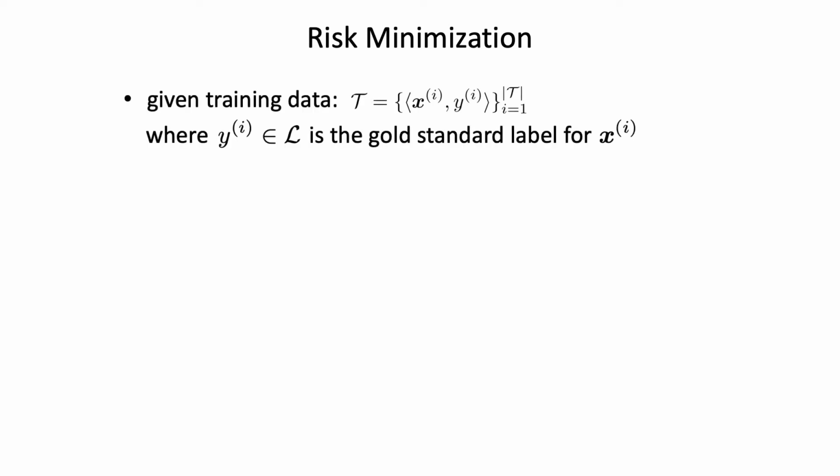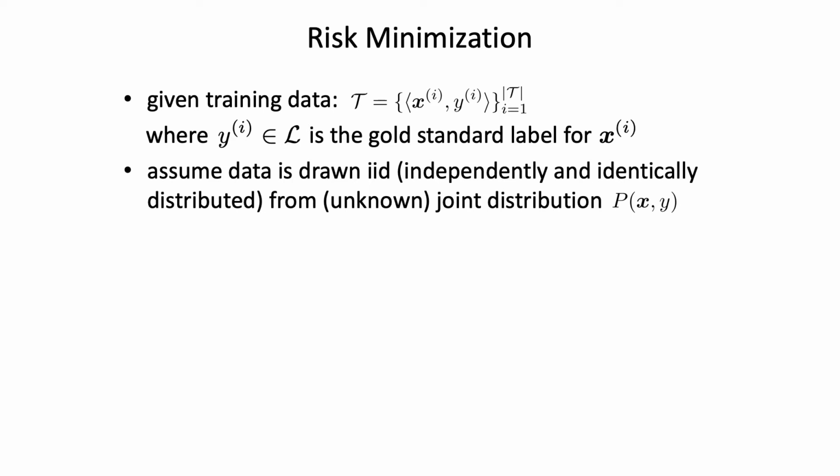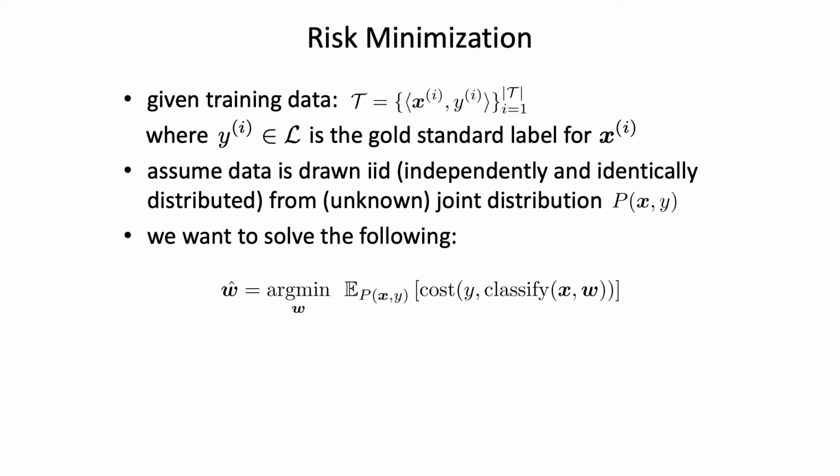Now, given a cost function, we can define risk minimization. Say we're given a training set of xy pairs where yi is the gold standard classification label for xi. We assume this data is drawn IID, that is, independently and identically distributed from some probability distribution p of x and y. We then want to solve this optimization problem, in which we're choosing the weights w that minimize the expectation over xy pairs of the cost of the classifier's prediction.